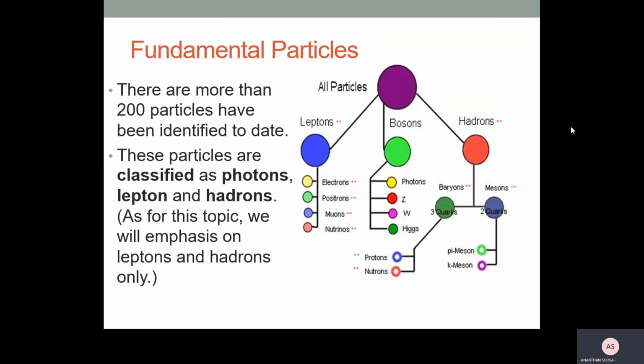What are leptons? A group of particles that does not experience strong nuclear force. They themselves are fundamental particles. So electron and neutrinos are leptons. Hadrons can have 3 quarks or 2 quarks, like proton and neutron.